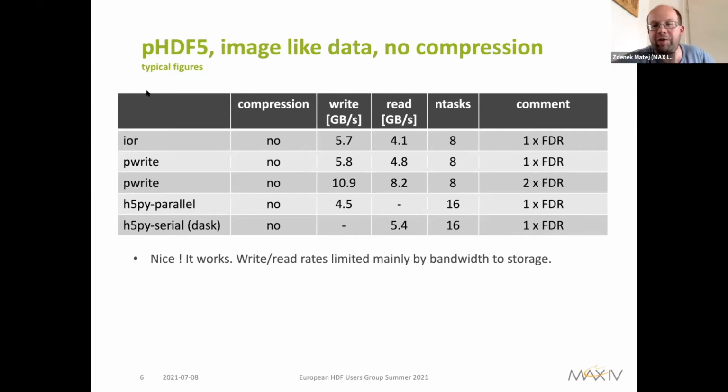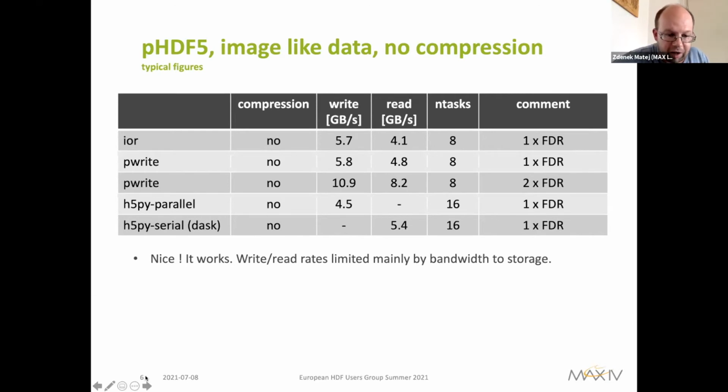If I do it with h5py parallel, or with serial h5py, I have a read-write speed of about 5 gigabytes per second that matches my interconnect to the storage, which is FDR. If I have 2 interconnects, I have higher uncompressed read-writes, so it works very nicely. I like it. Parallel HDF5 is great.